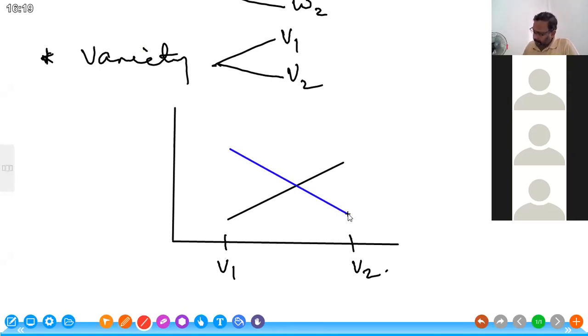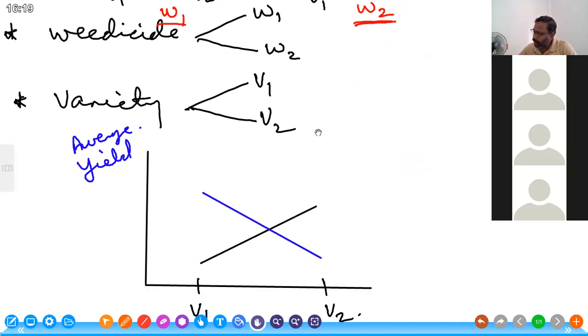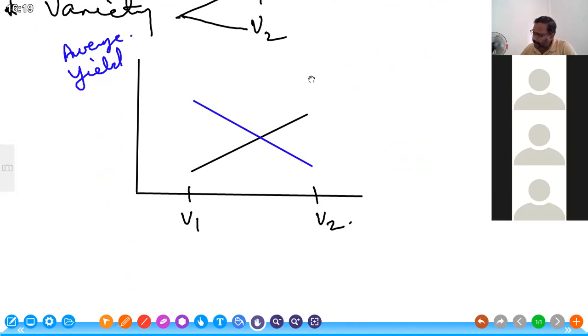Now tell me, this black color line, average yield again of the same variety 1 and variety 2. Black color one belongs to what we decide? We decide 2. Am I right? Black color is we decide 2. I will write as we decide 2. Blue color line belongs to we decide 1.